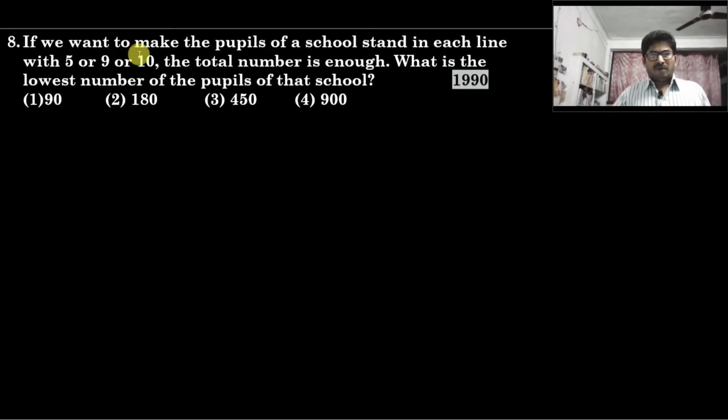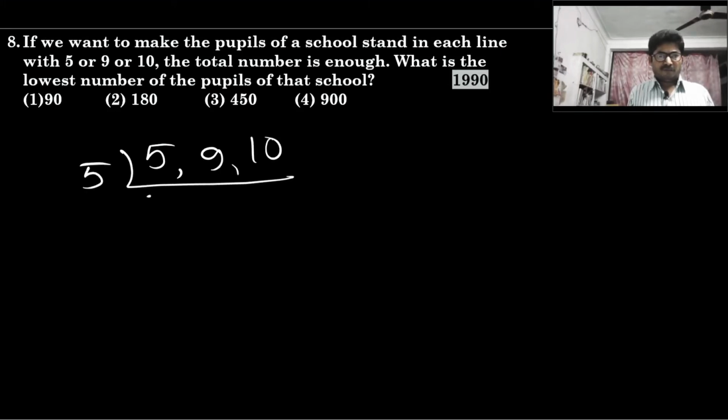Eighth one, if we want to make the pupils of a school stand in each line with 5 or 9 or 10, the total number is enough. What is the lowest number of the pupils of that school? To find the total number of pupils in that school, we have to do LCM. We have to find the LCM of 5, 9, 10. 5 ones, bring down 9, 5 twos.